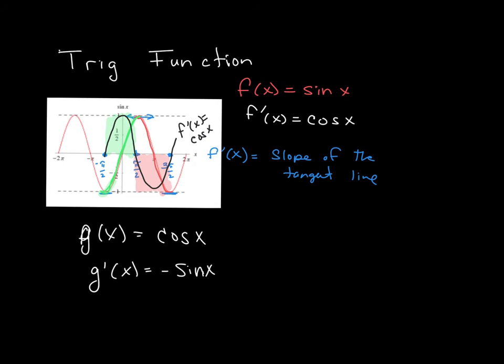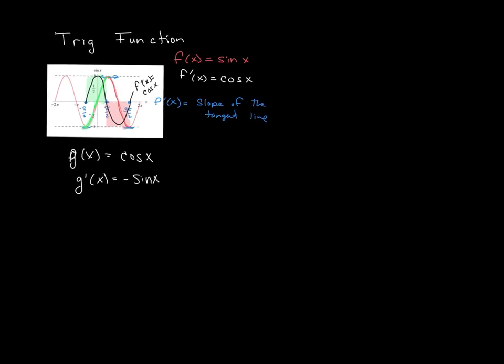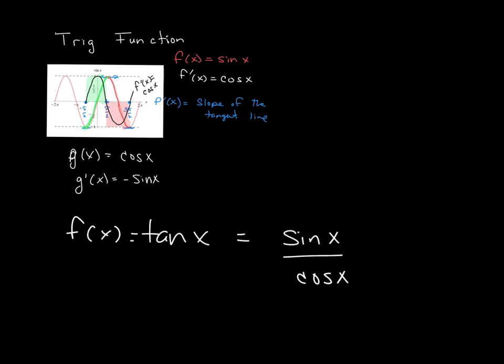Now, for the tangent of x, we actually have to go back and use the fact that I know that the tangent of x is equal to the sine of x over the cosine of x, and apply.